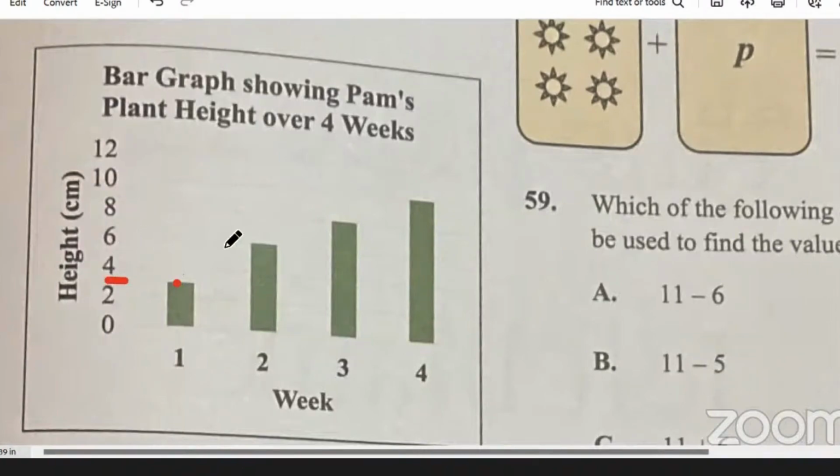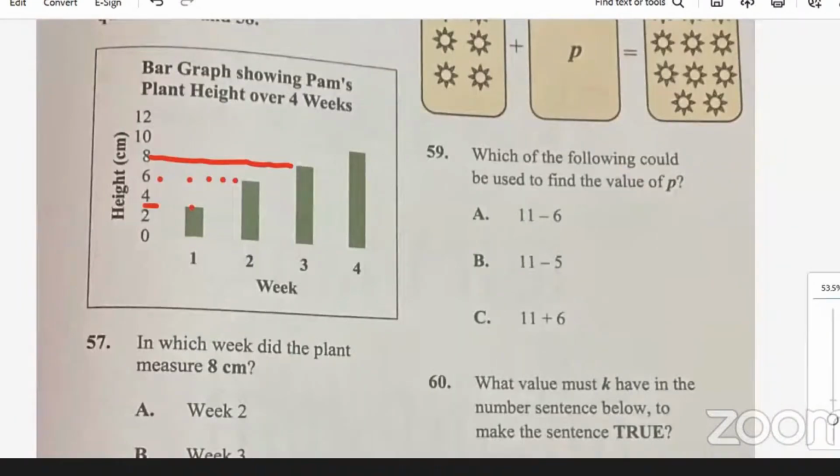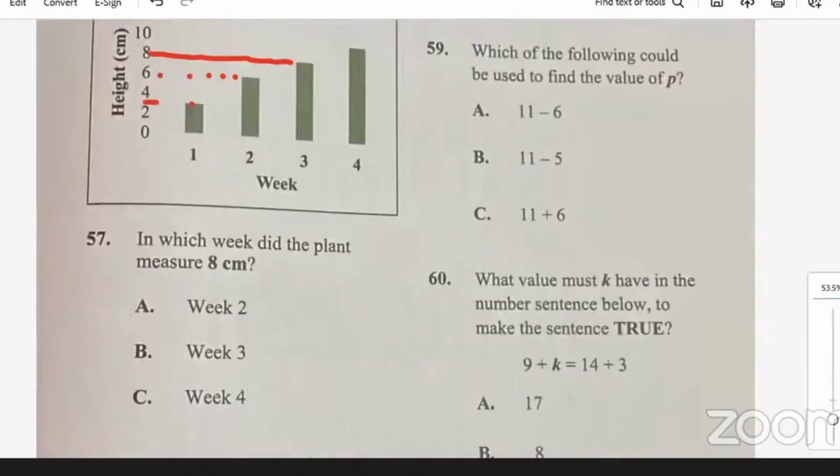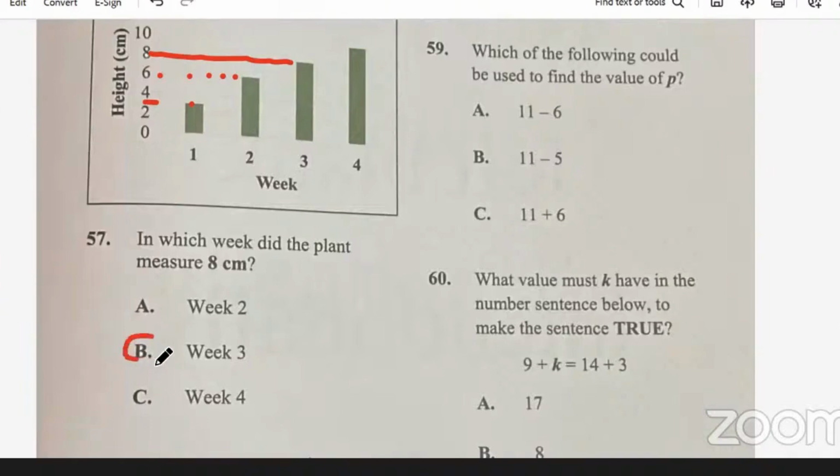This one seems to be in line with the 6, and this one seems to be in line with the 8. So week 3 would have been 8. So the answer for 57 is B, week 3.